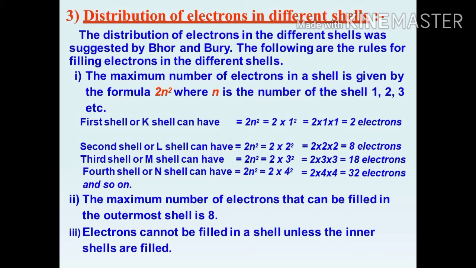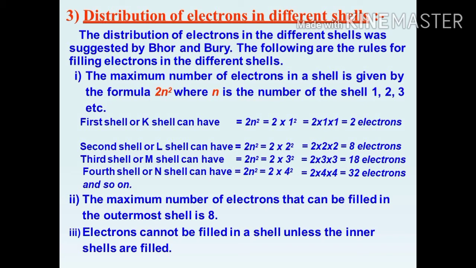The maximum number of electrons that can be filled in the outermost shell is 8. The outermost shell should contain 8 electrons. Electrons cannot be filled in a shell unless the inner shells are filled. The first shell should contain 2.